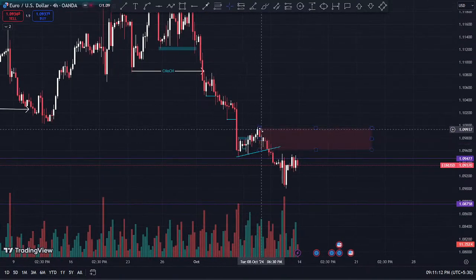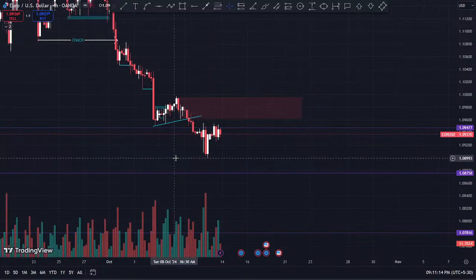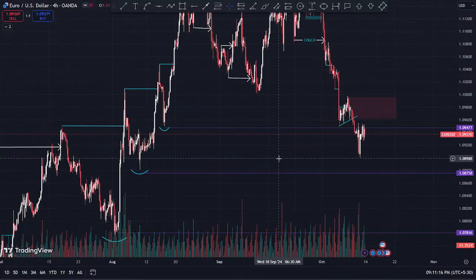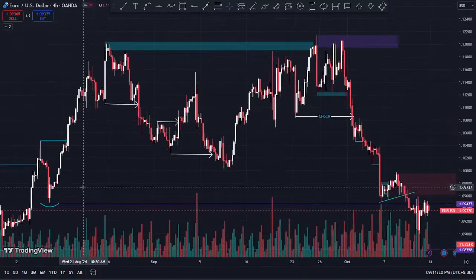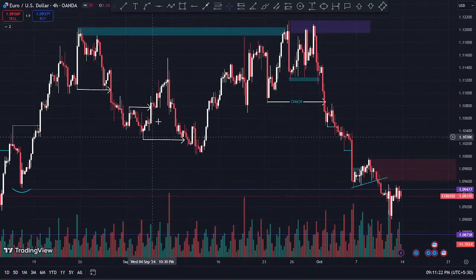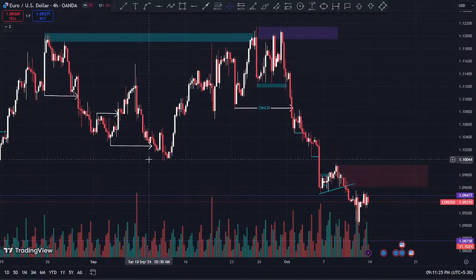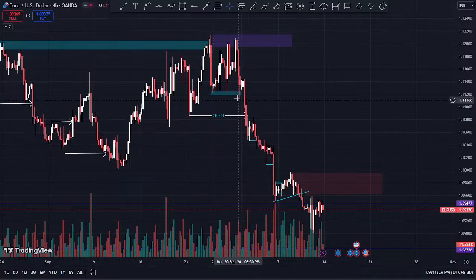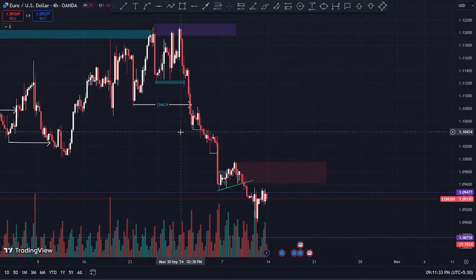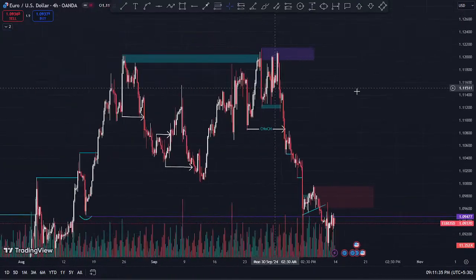Then it started to consolidate again, a fall. The interesting thing was it broke this swing low. Okay, it was a liquidity grab and then the follow-up break of structure.